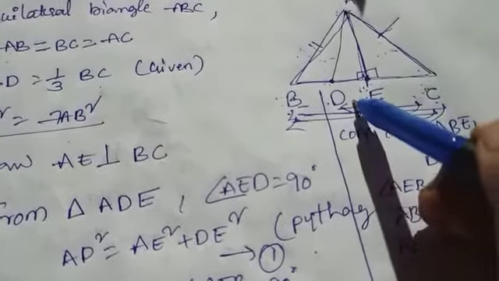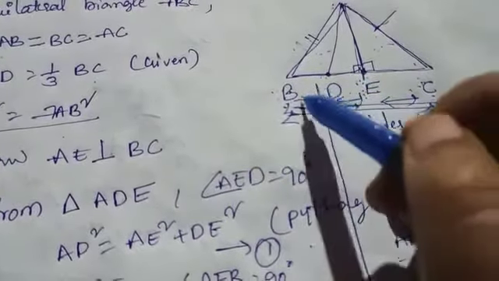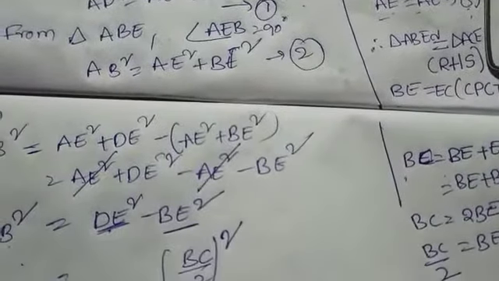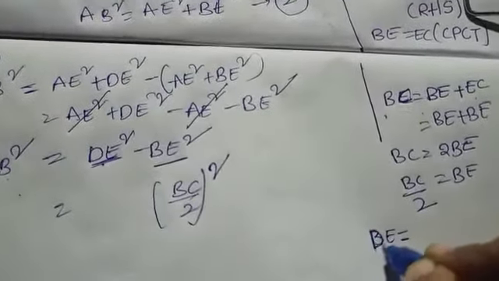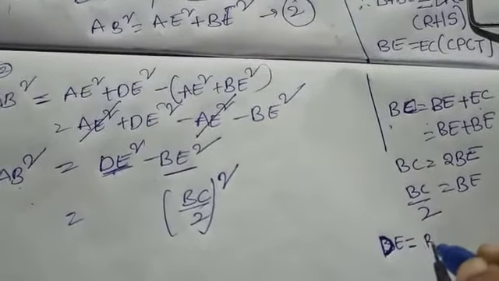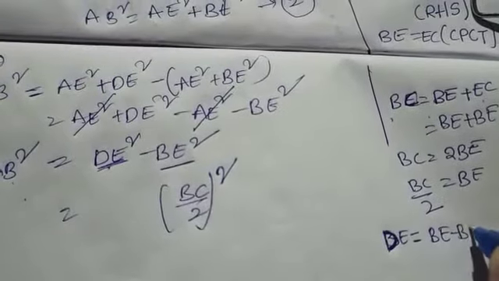See here, DE equal to BE minus BD. Is it clear?